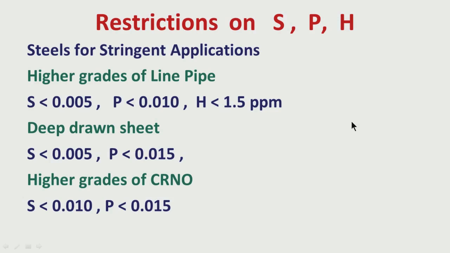itself, whether this cast slab or bloom or billet should be processed further for that particular quality, because every quality has quantitative stringent requirements. These are all quantitative. So, we should know at the cast stage itself what are the levels of these quality factors, what are the levels of total oxygen, nitrogen, sulfur, phosphorus, hydrogen, depending on the particular steel application, and take a decision whether this can be processed.